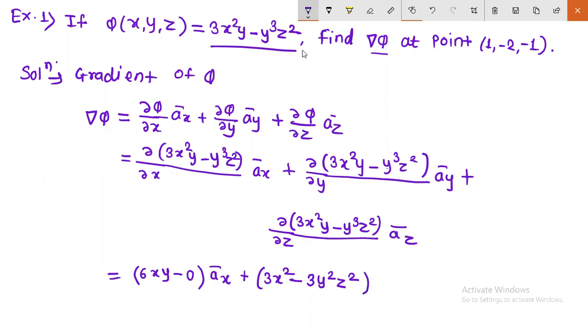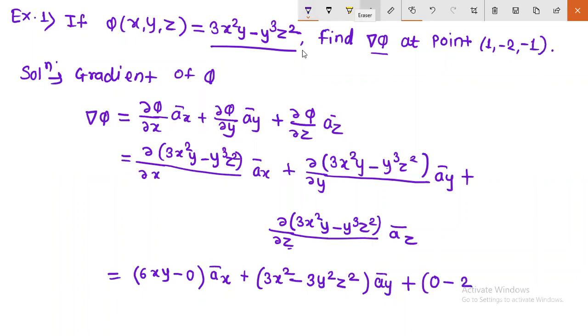Now differentiate with respect to z. In the first term there is no z term, so it is equal to 0. Then minus y cube z square, so it is minus 2.